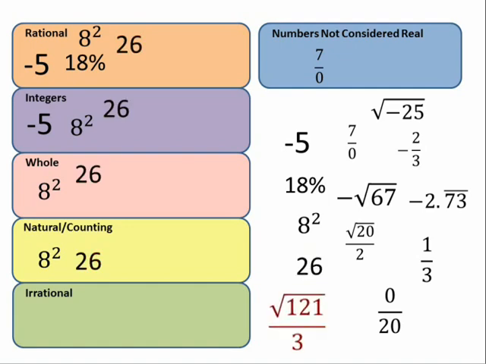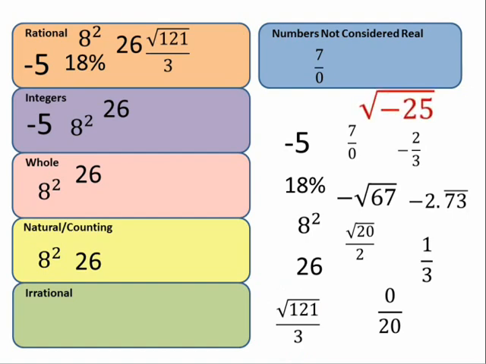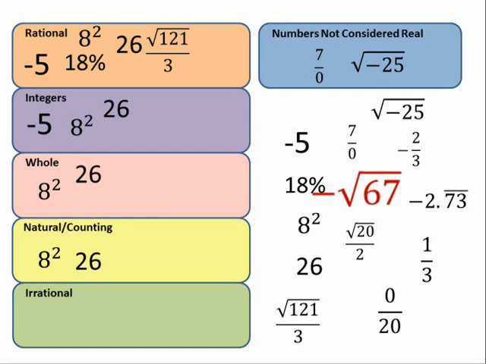The square root of 121 over 3. Its equivalence is 11 over 3, which can only be classified as a rational number. The square root of negative 25. Recall that the square root of any negative number is a number that is not real. Negative 1 times the square root of 67.